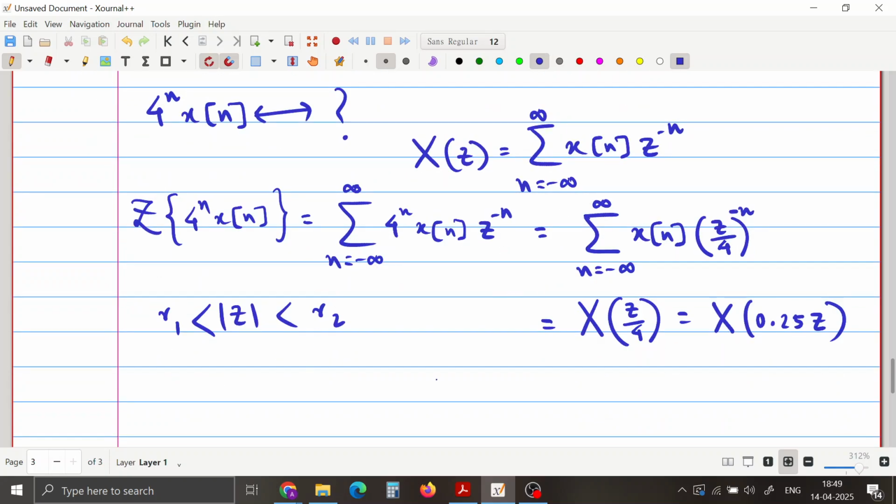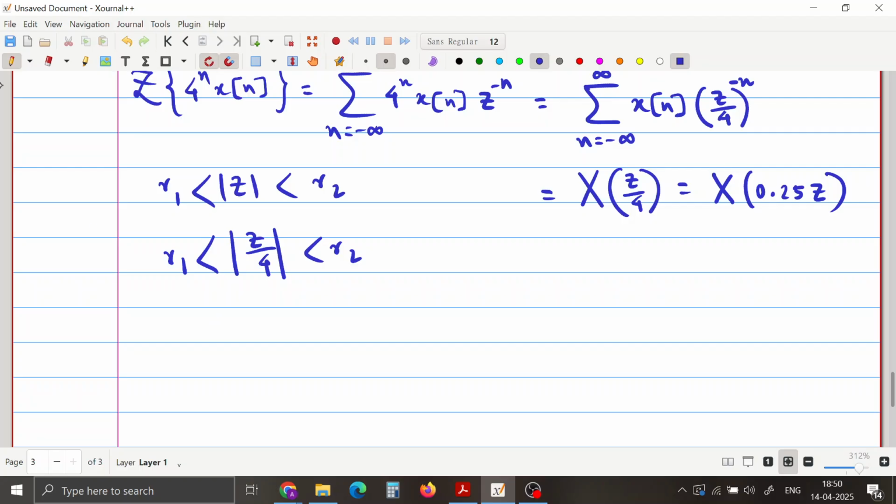So for X of z by 4, this should also lie between R1 and R2 for it to be defined. So that means mod z lies between 4R1 and 4R2. That's the corresponding change on the region of convergence.